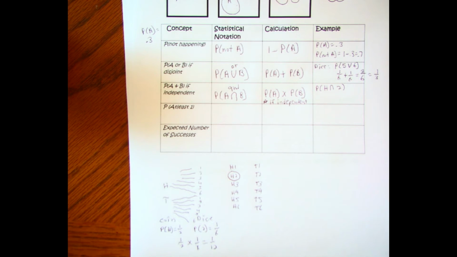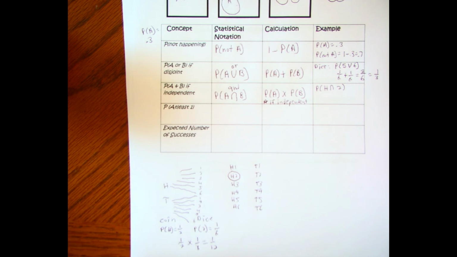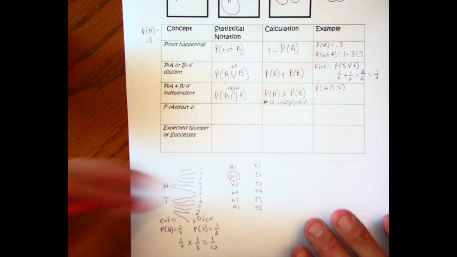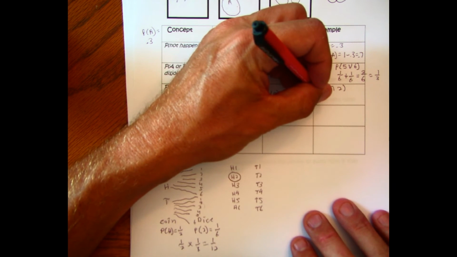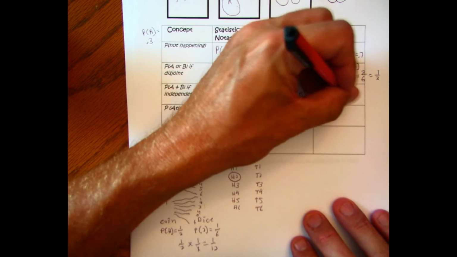Well, no, you don't know that those are independent events. They're clearly not independent, because if it snows out, it will affect the probability that somebody's late to school. So you can't just automatically multiply. You got to know that before you multiply. So what did we do? We did head and 2. The probability of a head is 1/2 times 1/6, and we got 1/12.